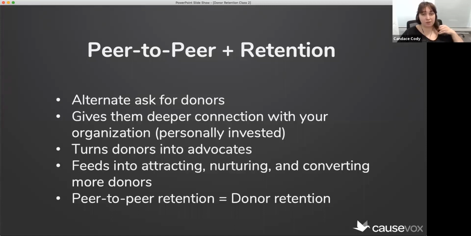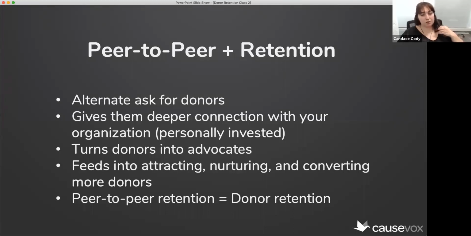It also gives them a little bit of a stake in your organization, because now they're leveraging their networks for your organization. It really ends up turning your donors into advocates for your cause. Donors can sometimes feel like they're just giving to something, whereas as an advocate, they can really feel like they're part of your mission. So peer-to-peer is a really interesting way to drive further retention and deepen relationships with your donors.